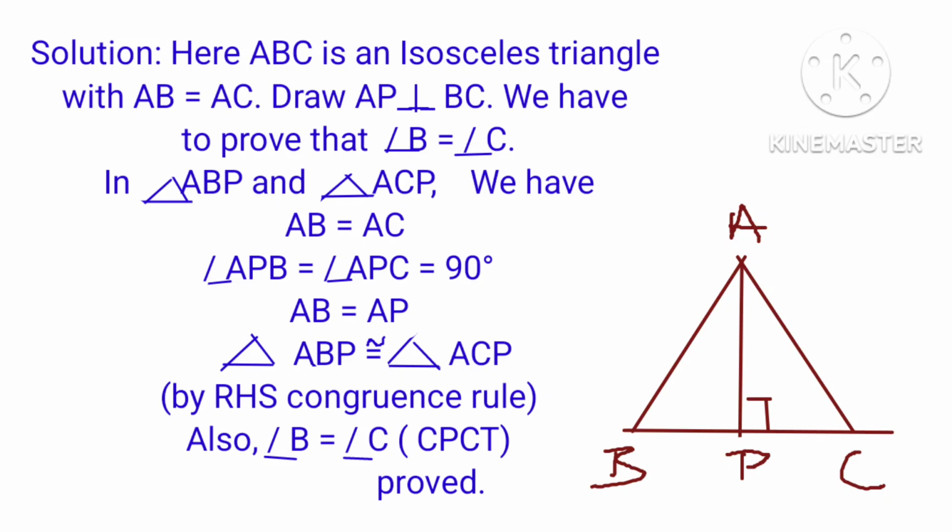We have to prove that angle B is equal to angle C. In triangle ABP and triangle ACP, we have AB is equal to AC, angle APB is equal to angle APC is equal to 90 degrees, AP is equal to AP, common. Triangle ABP is congruent to ACP by RHS congruence rule. Also angle B is equal to angle C by CPCT, proved.